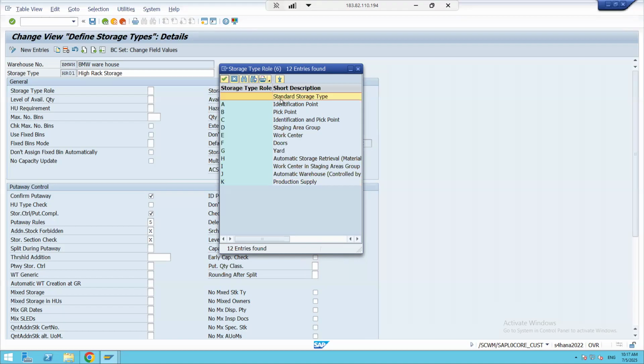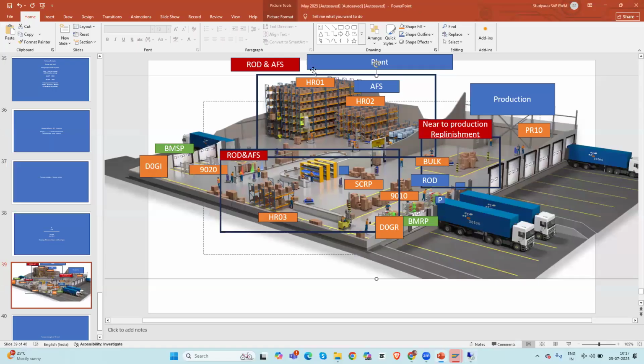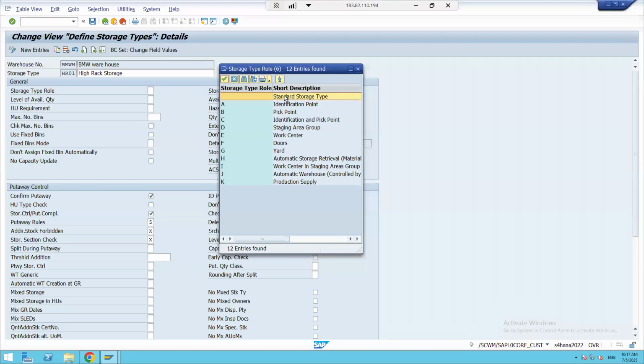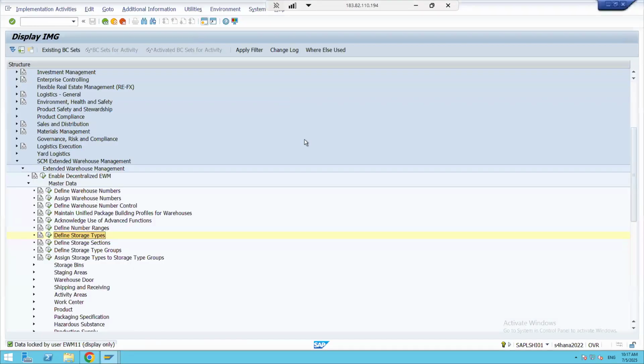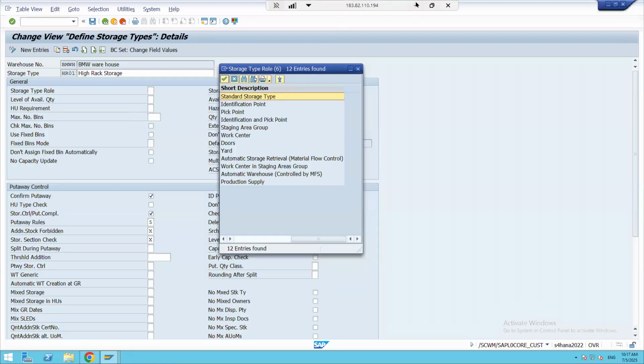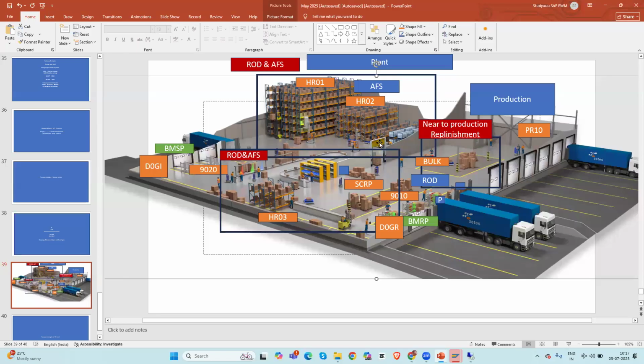Whenever you are doing a putaway in the respective location, where the stock is placed in the final destination location, you normally use standard storage type. Not only for the final destination location, but also for the intermediate location, which also acts as a standard storage type.